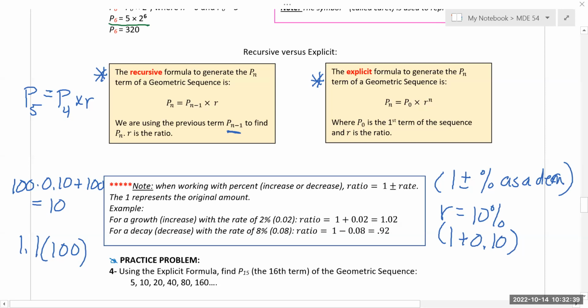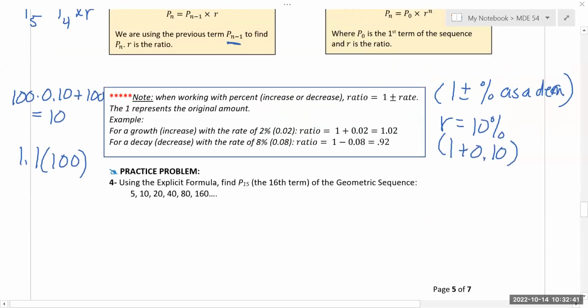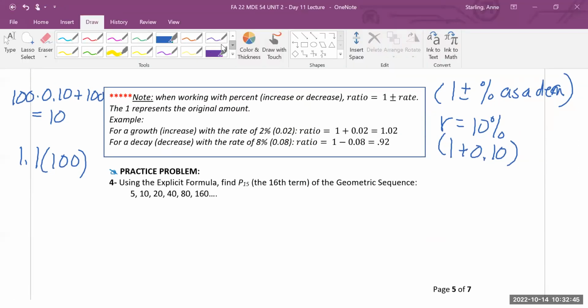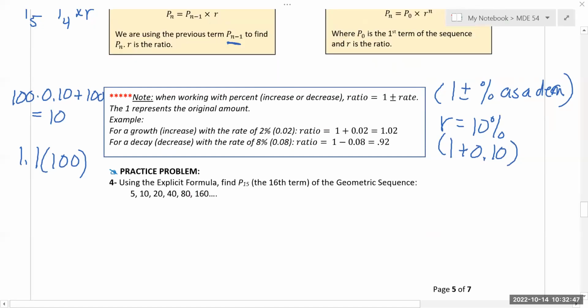Okay, so down here, I want to use the explicit formula to find the 16th term, or P of 15. So that's P of n equals P of 0 times R to the n. I want P of 15, P of 0 times R to the 15.